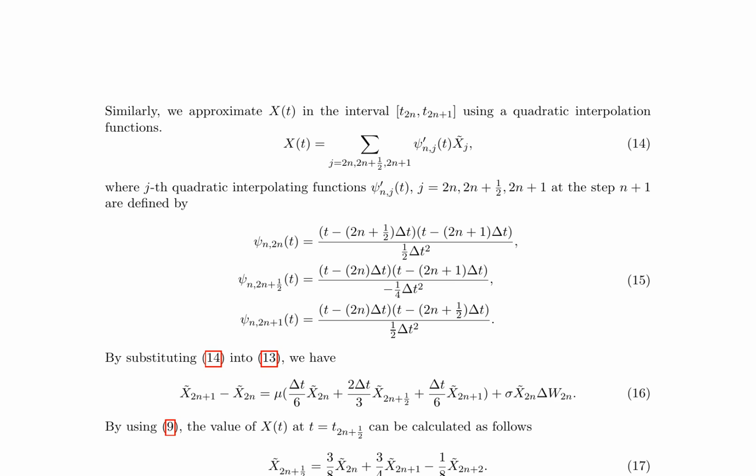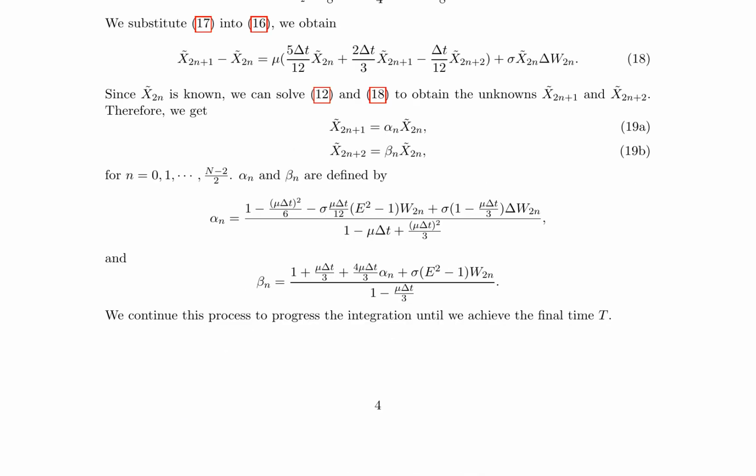To solve these equations, we utilize the previously known value of x_{2n} and the relationships between x_{2n+1} and x_{2n+2}, as expressed in equations 19a and 19b. The coefficients alpha_n and beta_n are defined in terms of the model parameters mu, sigma, and the random variable W_{2n}, which represents the increment of a Wiener process over the interval t_{2n+1}.